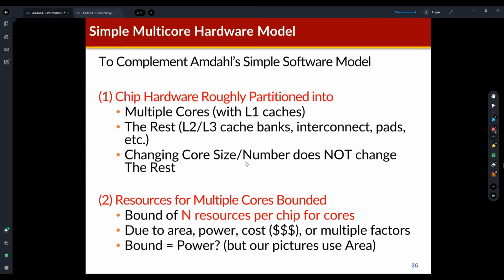When you apply Amdahl's law, we also need to consider the cost of the new system, the cost of the new processor. So we need to focus on this cost.